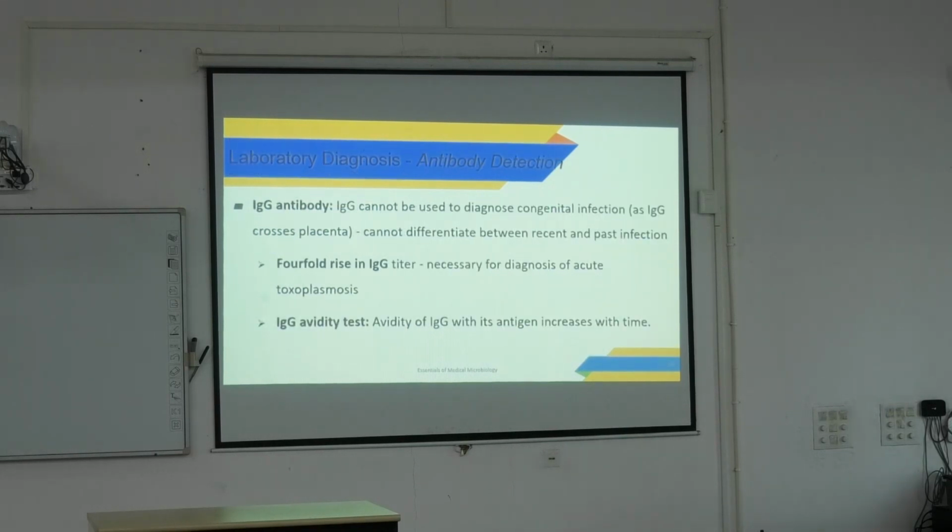Here four antibodies can be seen: IgG, IgA, IgM, IgE. First is the IgG antibody. IgG cannot be used to diagnose congenital infection as it cannot differentiate between recent and past infection. A fourfold rise in IgG titer suggests this patient can be acute toxoplasmosis. Another is the IgG avidity test.